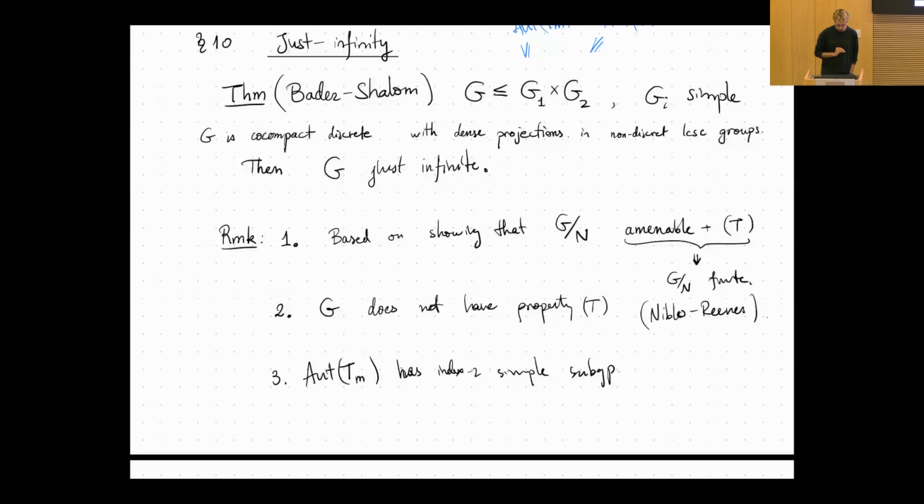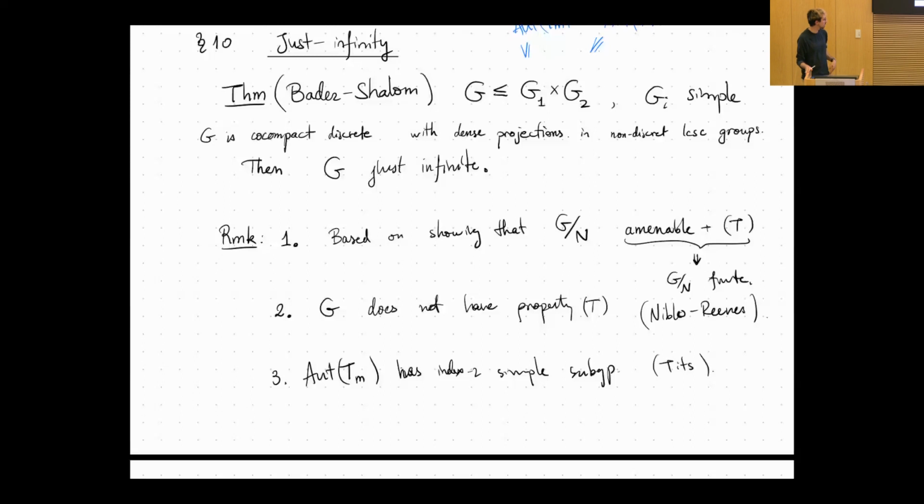Aut(T_M) will never have a finitely generated subgroup that is dense inside it. So the projection of our BMW, which is our discrete, finitely generated subgroup, will never satisfy this with respect to Aut(T_M). So we need to come up with something else. This is, by the way, a result of Tits.